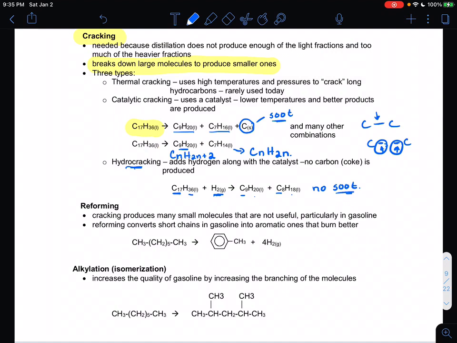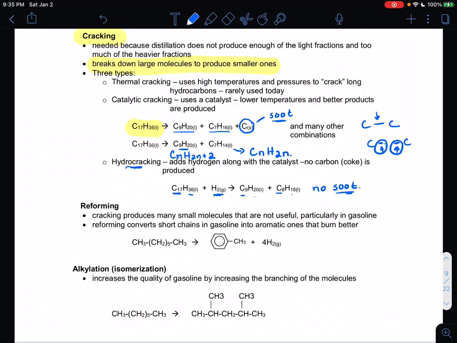So how do you recognize that you have a cracking reaction? The way to think about it is that you're starting with a long chain and you're producing 2, sometimes more, but for the purposes of Chem 30, we tend to limit ourselves to 2 shorter chains. These shorter chains are then able to be used as fuels.